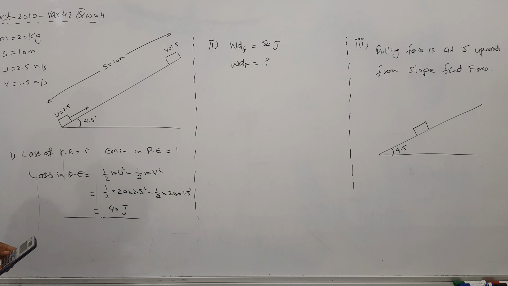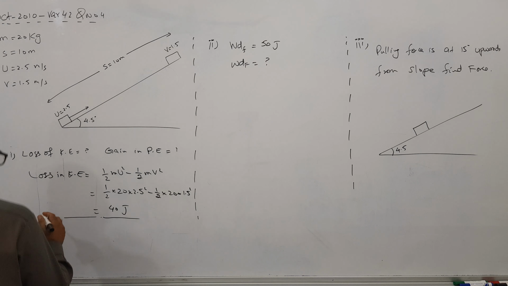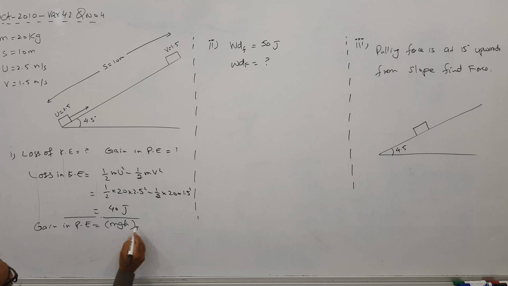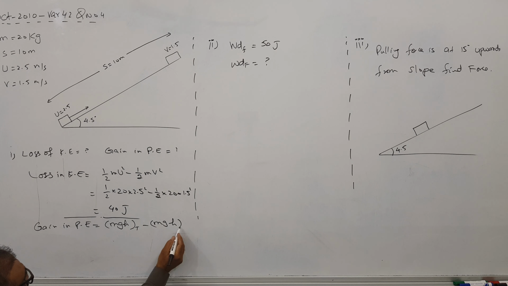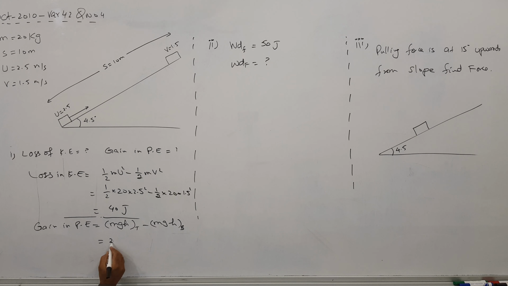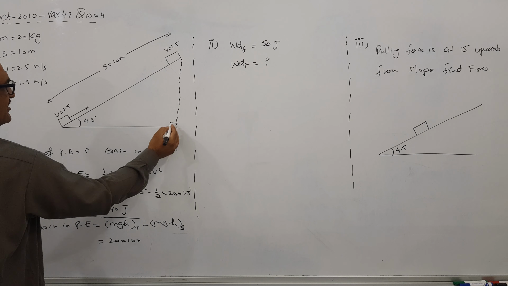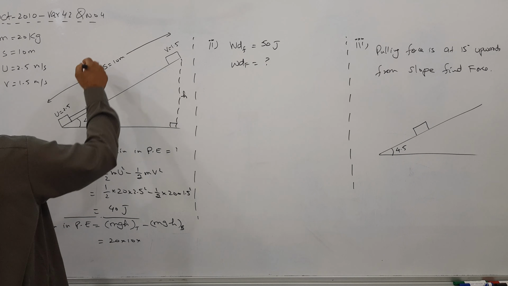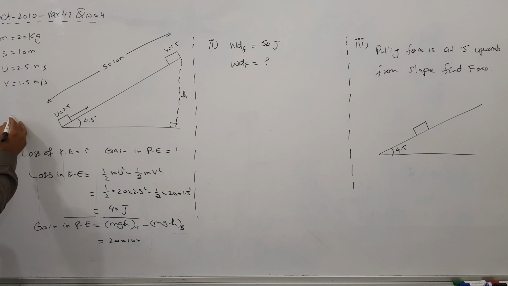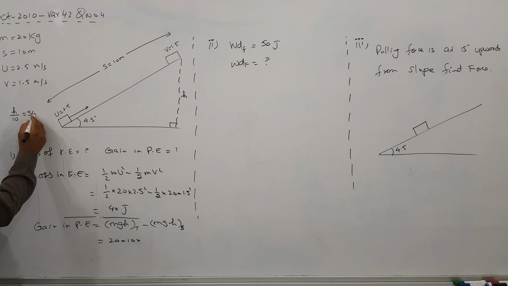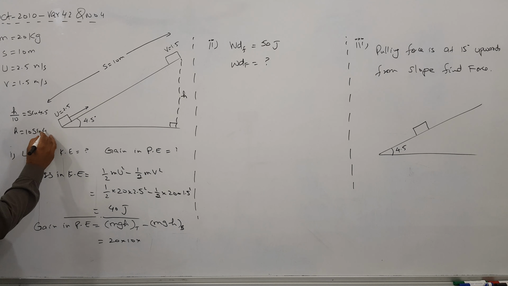So let's go for the other one, the gain in potential energy. How much? Gain in potential energy is mgh at the top minus mgh at the bottom. Bottom is 0. Mass is 20, g is 10, height we don't know. Let's say this is the height, the 90-degree height. Opposite by hypotenuse gives sine theta, so h is 10 times sine 4.5.